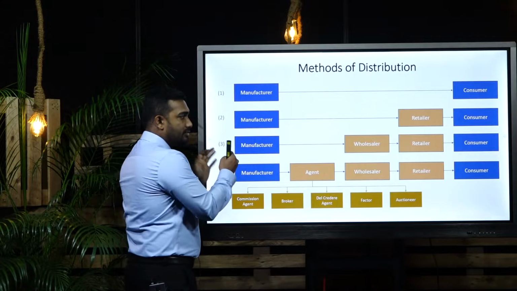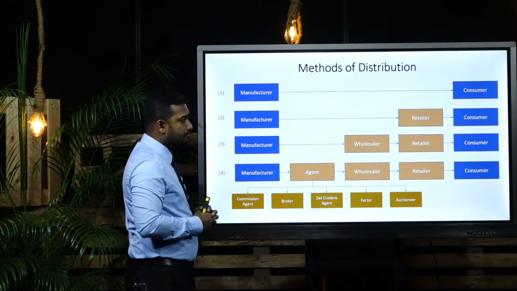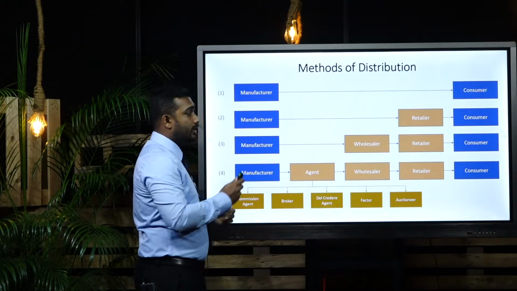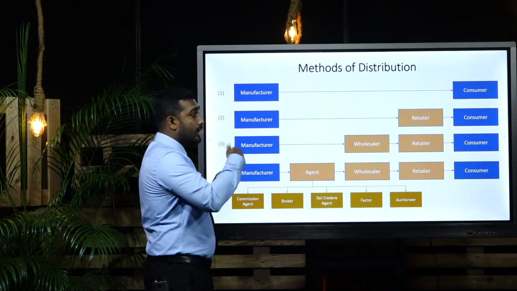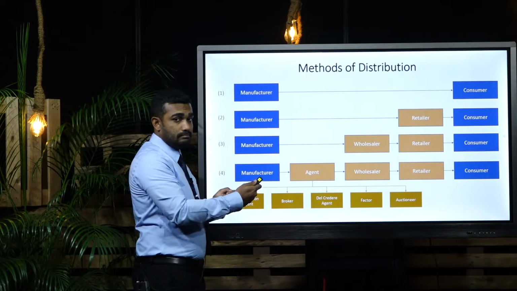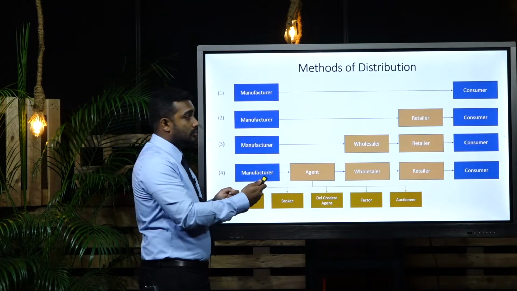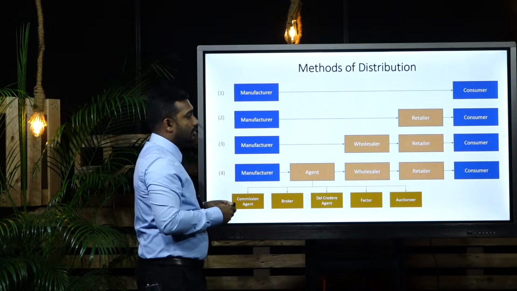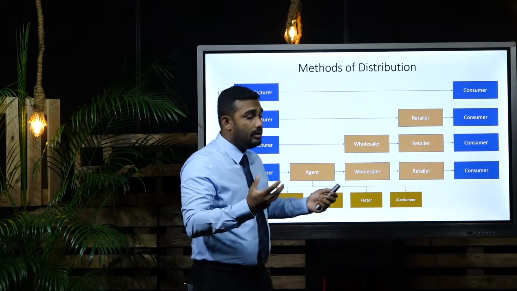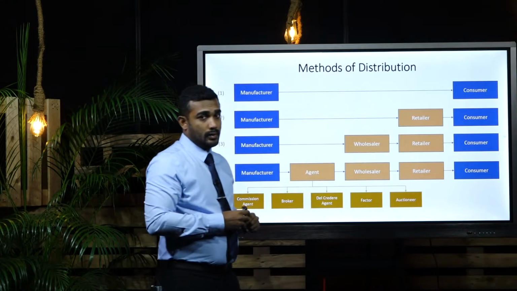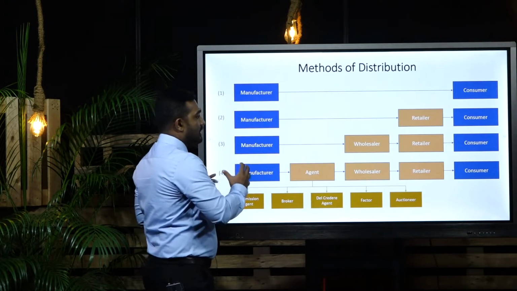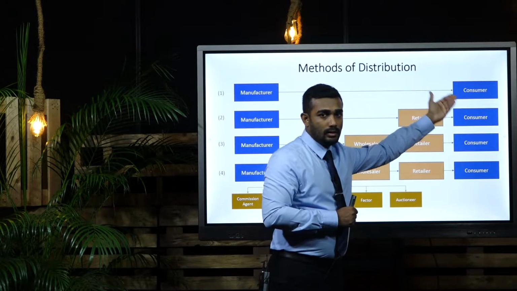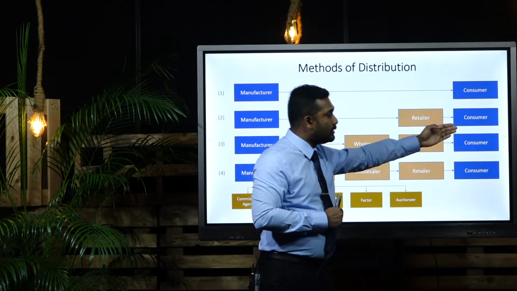In between the manufacturer and the consumer, there is a retailer. We will be learning about the retailer later. So, in this distribution channel, there is one intermediary called a retailer. What happens here? The manufacturer gives the products to the retailer and the retailer will sell them to the consumer.